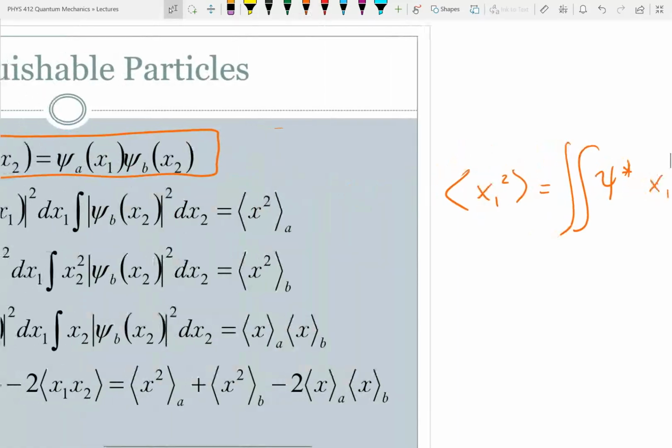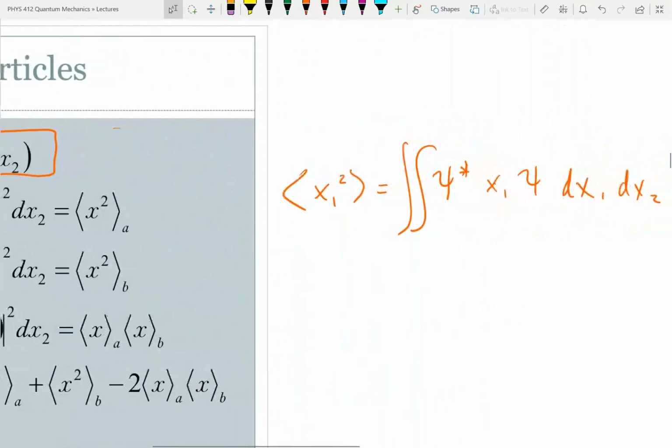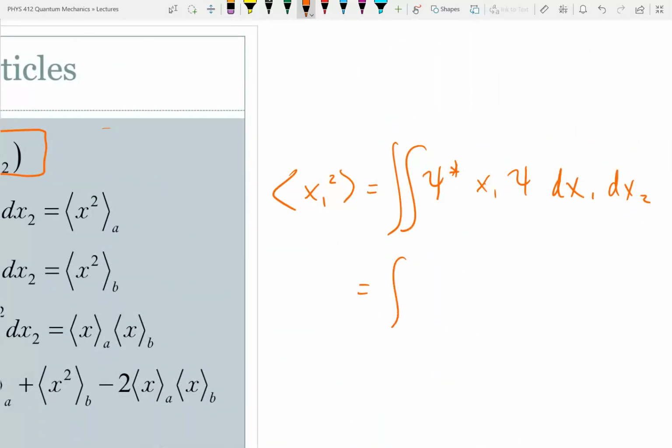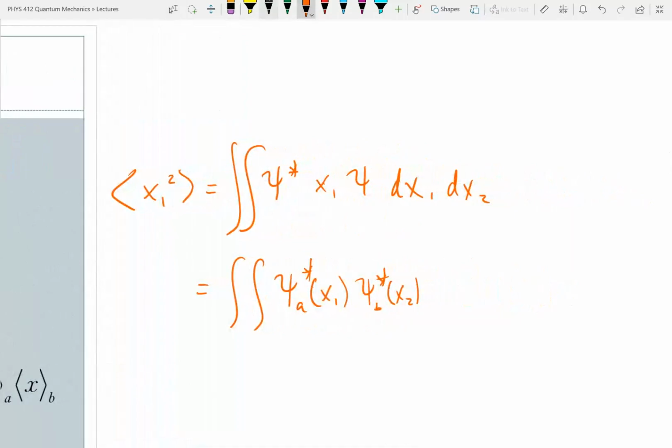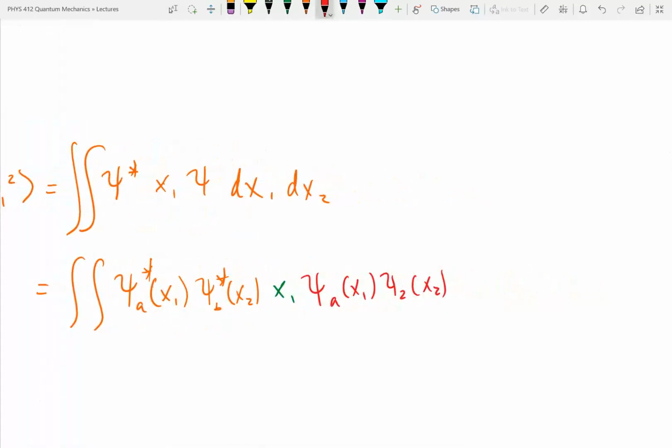And then using our definition here for what psi is, this can be further expanded into psi star, then my operator, and then psi, and then I have, of course, dx1, dx2.